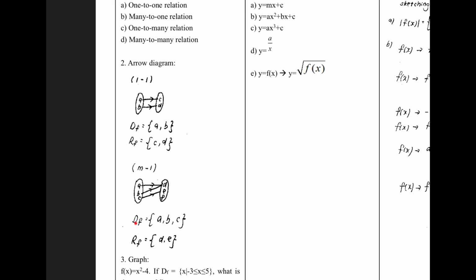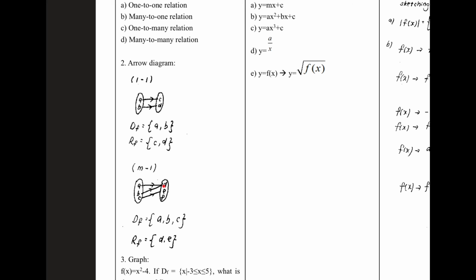After that, we have domain of f, domain of function f. So we have to list down the objects. They are A, B, and C. We have range of f. So pay some attention here for the range of f. Basically, they are the images with arrows that map from the object to them.